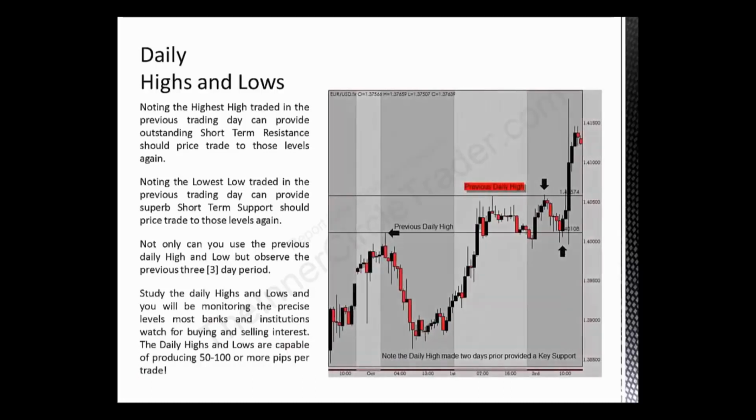All right, now the daily highs and lows, obviously you can still reference that if you are a part-time trader or one that is unable to be in front of the charts every single day. But previous days' highs and lows are really the wonderful setups that day traders can use, because the banks are looking at these levels, and I like to look at at least 3 days worth of data.